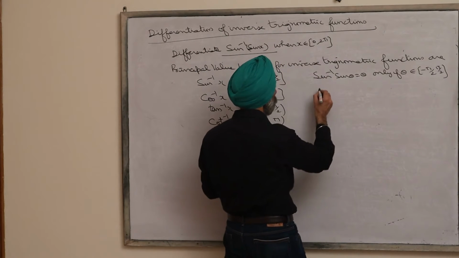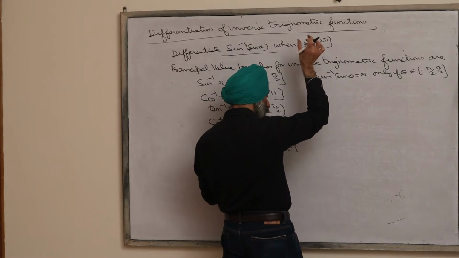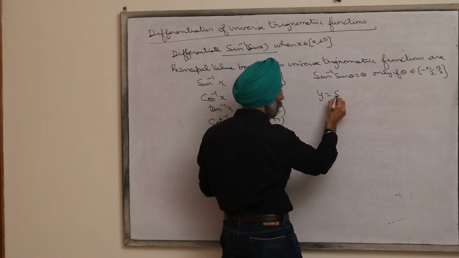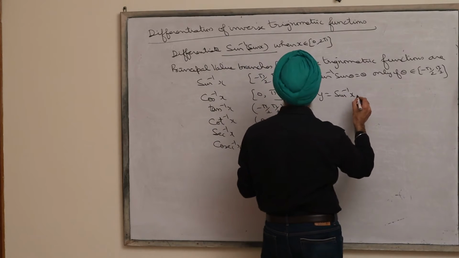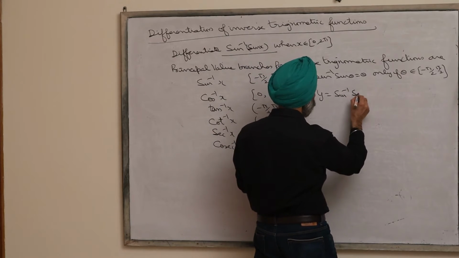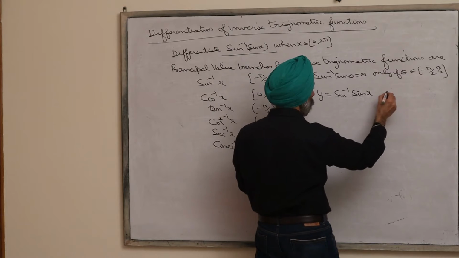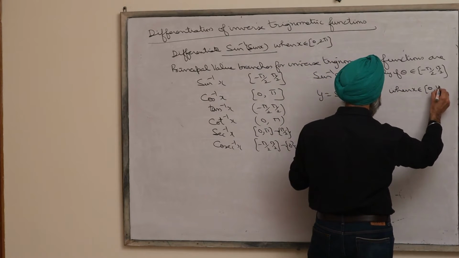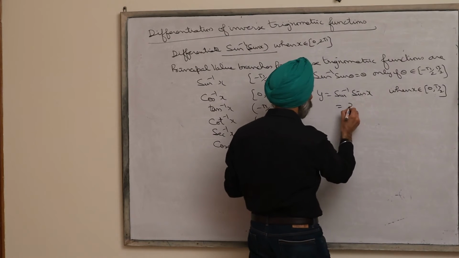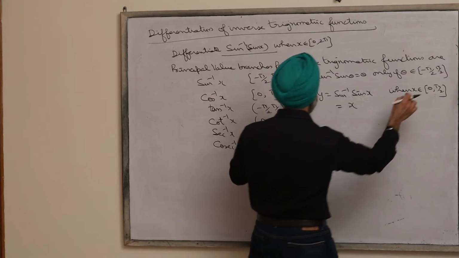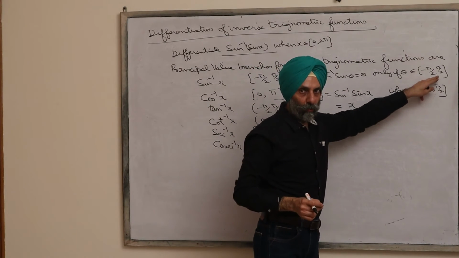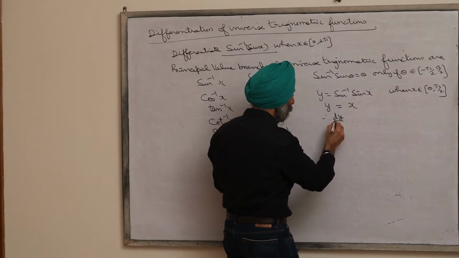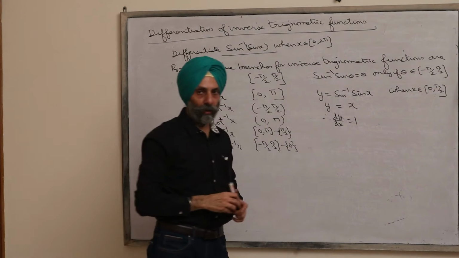Because the interval given to you is 0 to 2 pi, first consider y equal to sine inverse of sine x when x belongs to 0 to pi by 2. This will be equal to x because this is a subset of the principal value branch. So y is equal to x, therefore dy over dx is equal to 1.